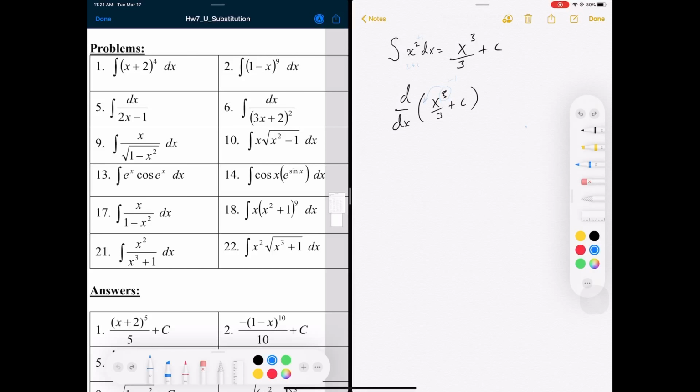So this would become 3x squared over 3, and then the derivative of a constant is 0, and that becomes x squared.